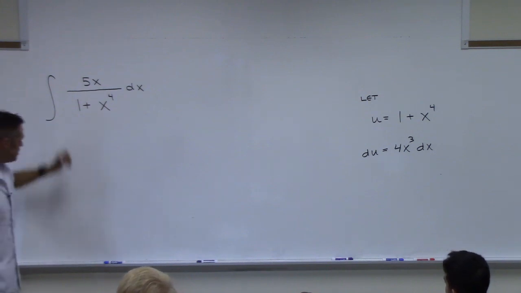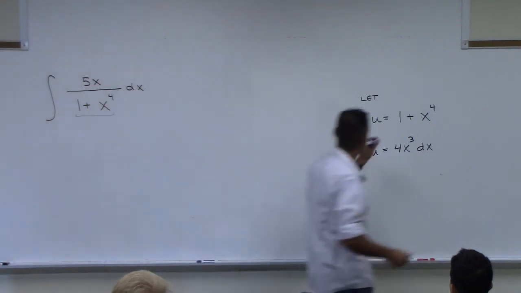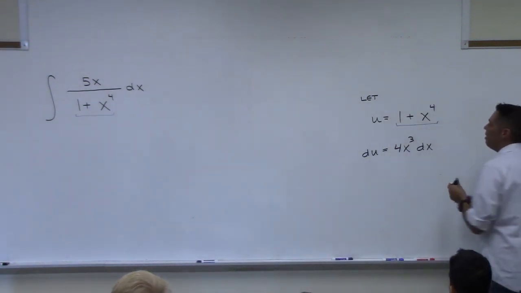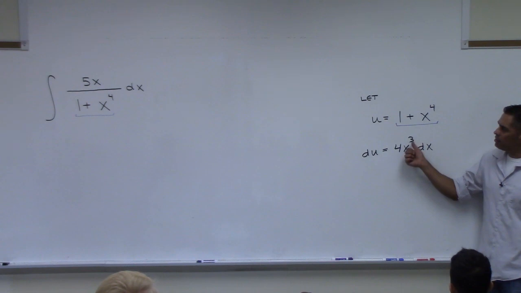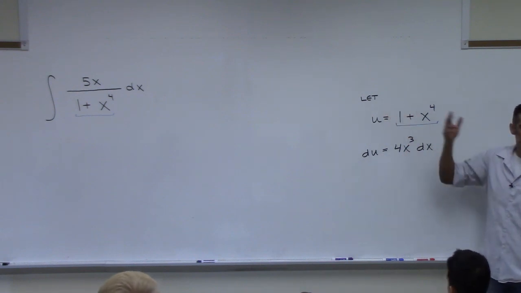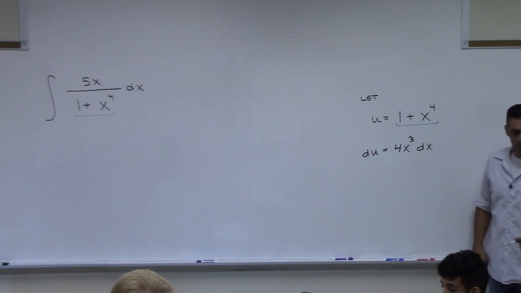I mean, I can replace this right here with u, right? But I've got to somehow... I just don't see how we're going to get x cubed to x. Again, taking a swing. Okay, take a swing. Divide by 4x squared.